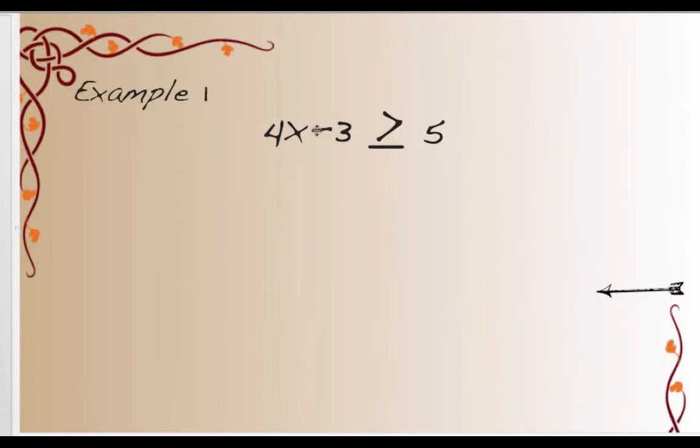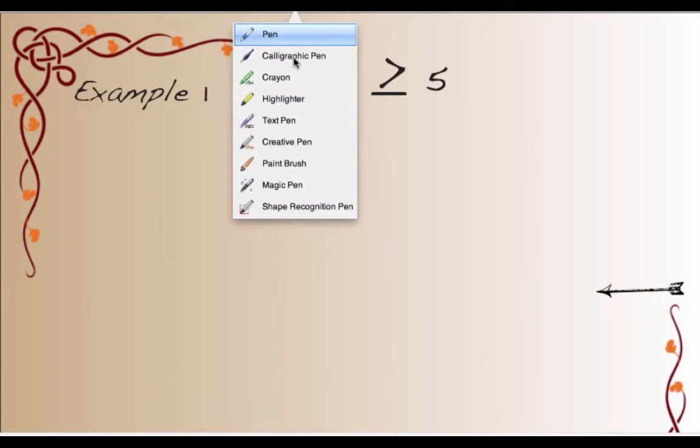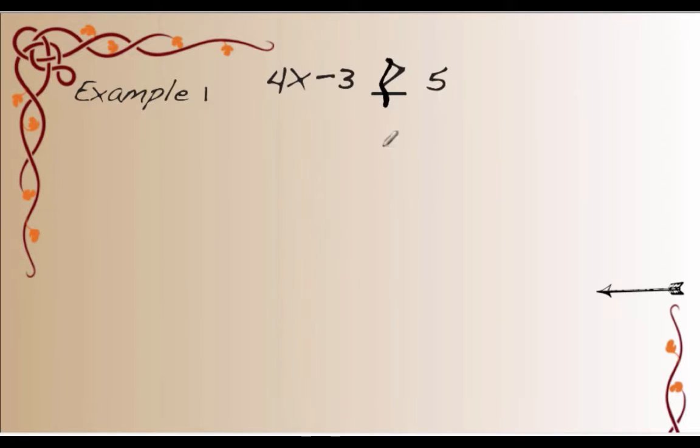All right, so let's solve this inequality right here. We solve these the same way we would do anything else. I'm going to move from one side to the other. So first thing I'm going to do is I'm going to add 3. Remember, when I add, it was okay. We don't have to change anything when I add. Those cross off. I get 4x equals 8.